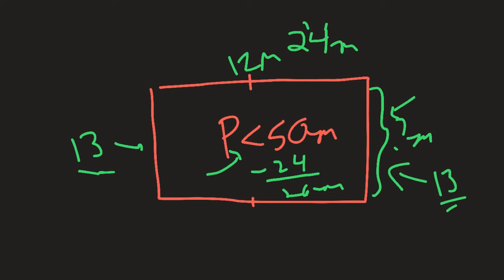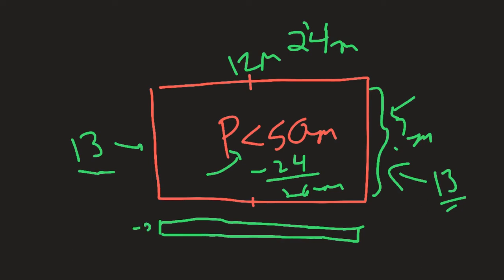You can make yourself an itty-bitty lap pool. Keep that one side to be 12 meters still, and you make the other be 1 meter, and that still would be within the rules, because then it'd be 12 plus 12 is 24, plus 1 gets us to 26 meters.